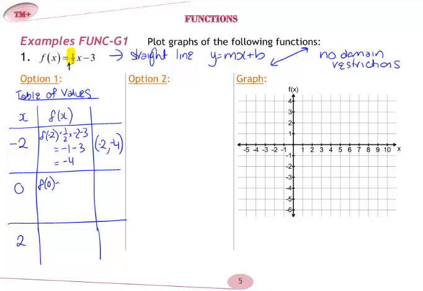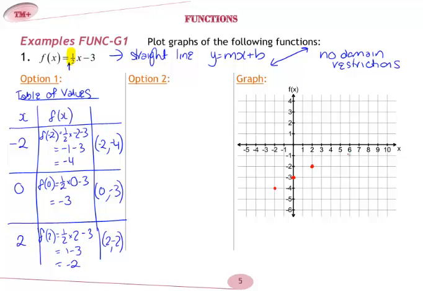Always do 0, because you'll note when you plug it in, whatever's with the x just disappears. So I'm left with that -3. And then with 2, f of 2 is a half times 2 minus 3. 1 minus 3 is -2. So when I come across and plot, I have (-2, -4), (0, -3), and (2, -2).